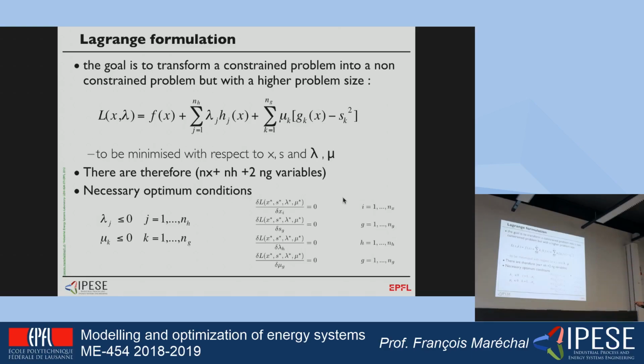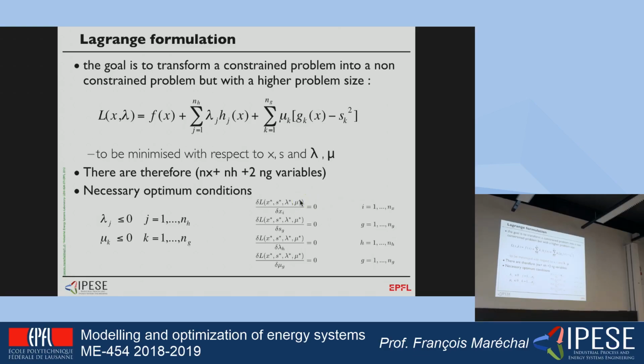So now I have to find the value of x, lambda, the slack and the mu in such a way that the gradient, which is the derivative of the Lagrangian with respect to x, with respect to the slack, with respect to lambda and to mu, each one has to be equal to 0.